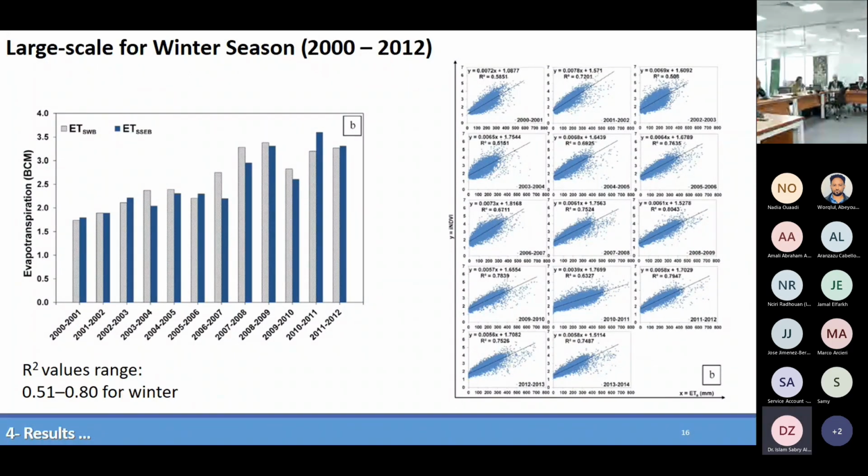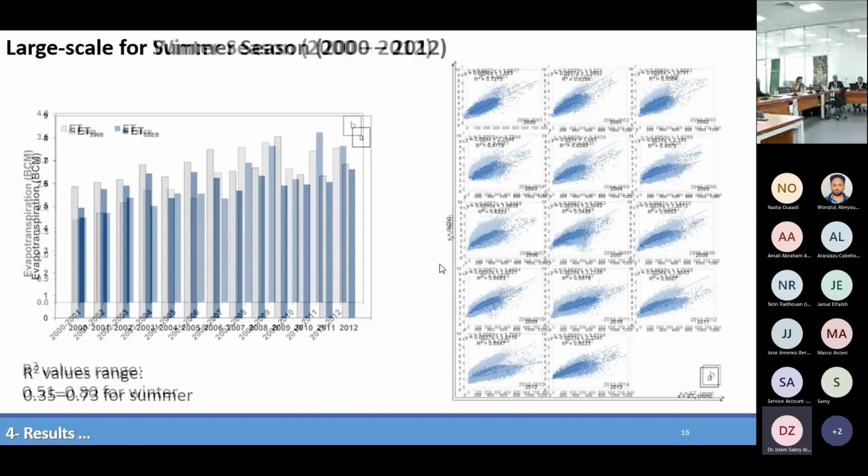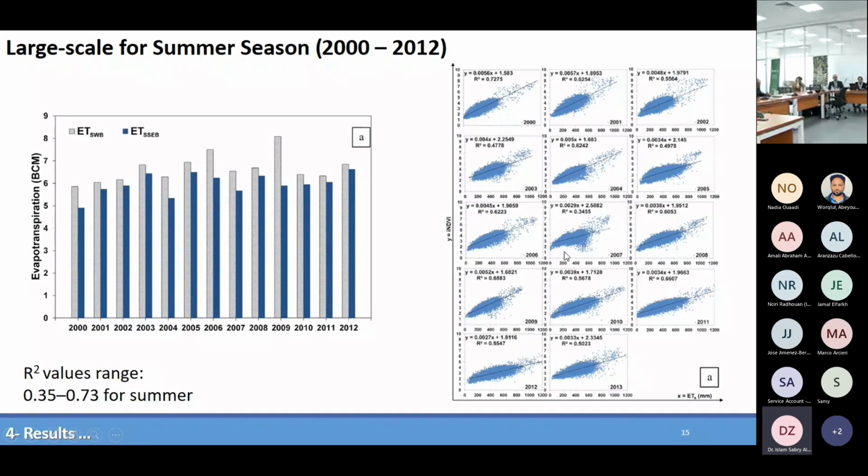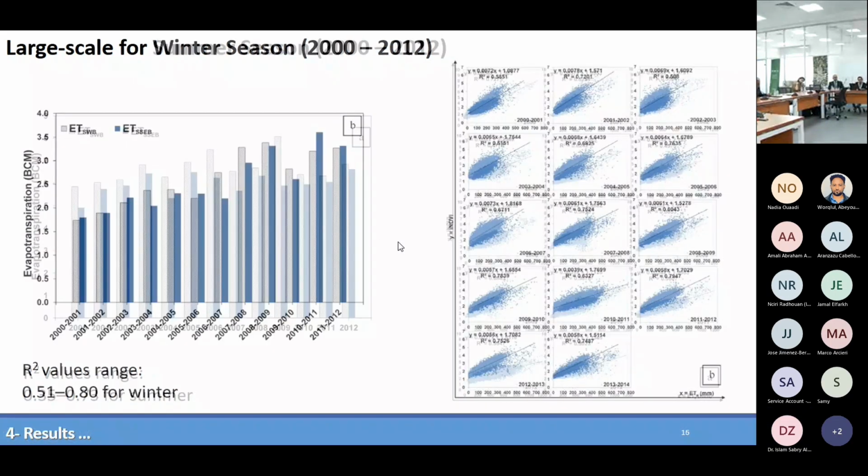The winter season was higher in terms of R square, in terms of regression between the NDVI and the water balance estimates, because of lack of rainfall, because rainfall sometimes biases the correlation.